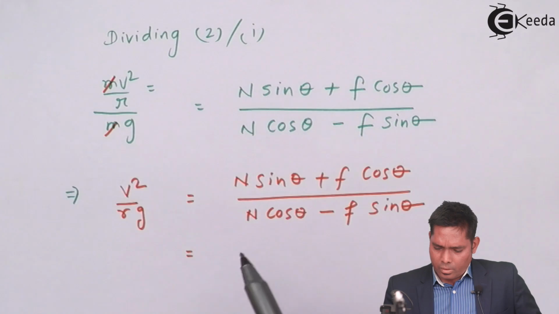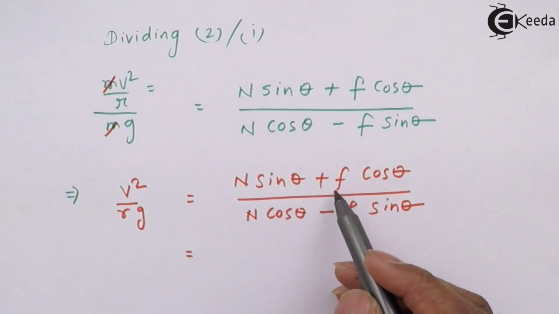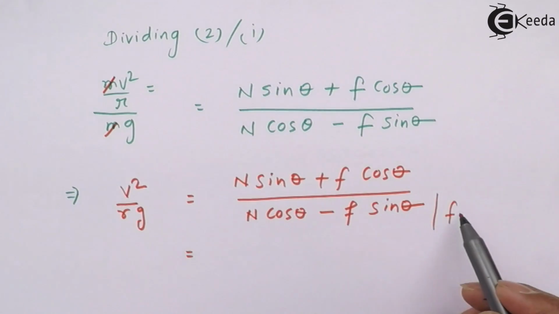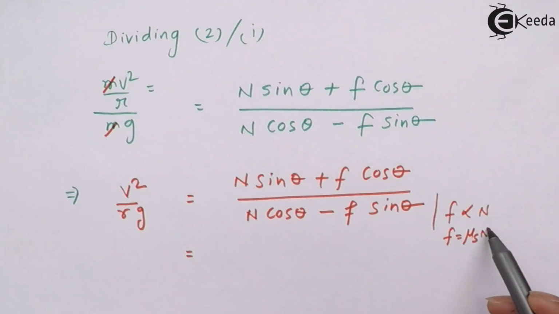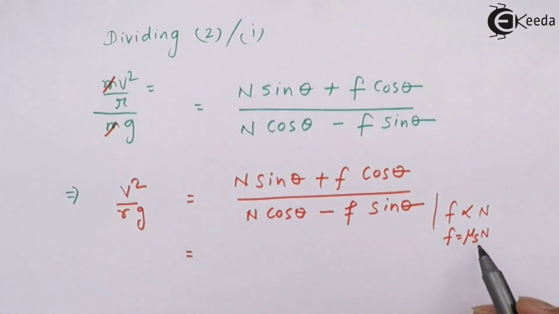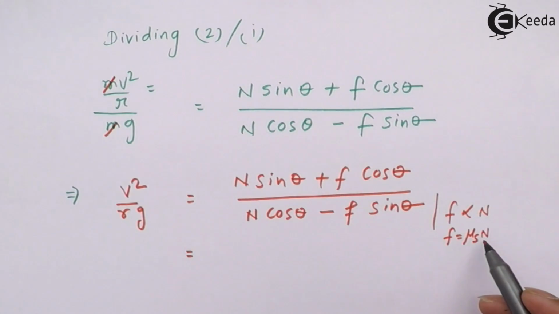Again, the frictional force F is proportional to the normal force, so this is equal to mu s into n. So this F is always mu s into n.